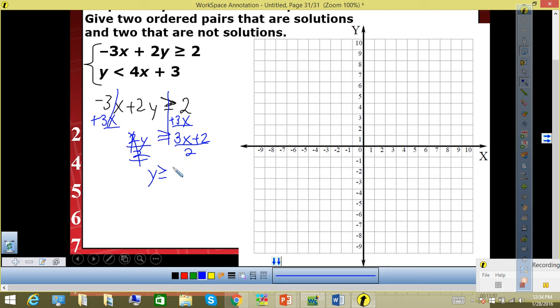So what do we have? 3 over 2x plus 1. Okay. Just remember, whenever we're talking about graphing, make sure you leave your slope in fraction form.